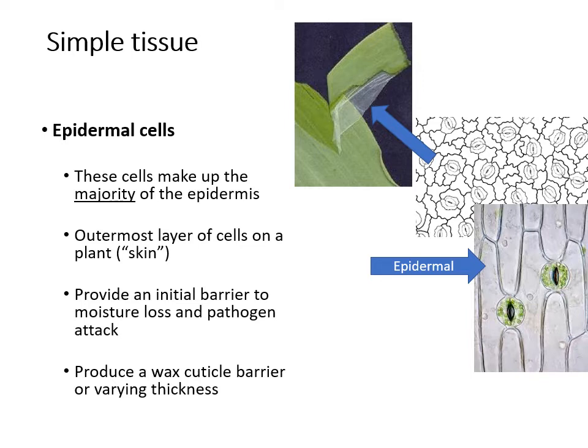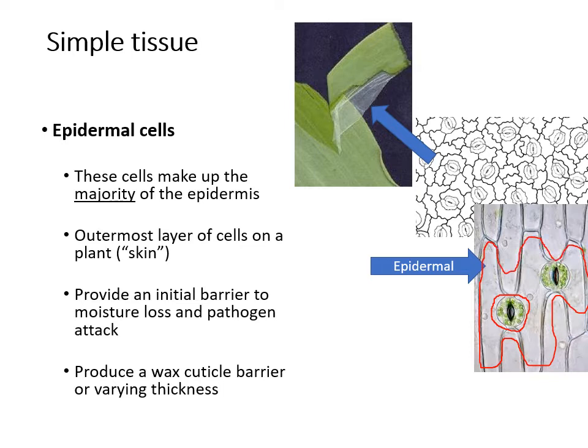They're fairly large. You can see this is obviously a stomata here. Let me get my pen operational. This is a stomata here. We're not going to talk about that this week. That's next week. But let's just assume that the entire leaf is made up of these large, flat cells that are kind of all over the place.